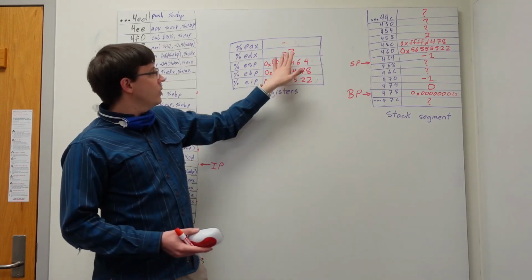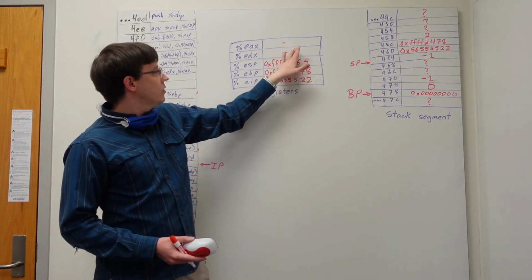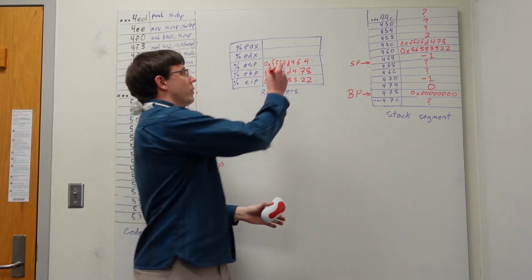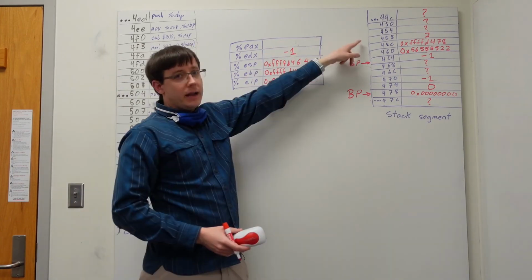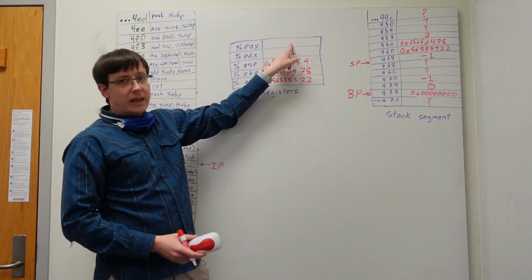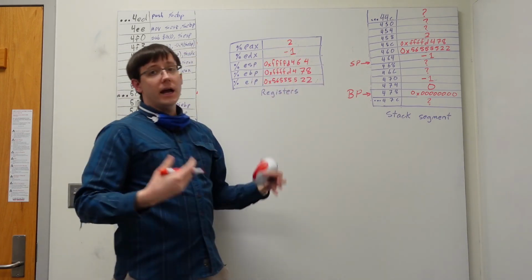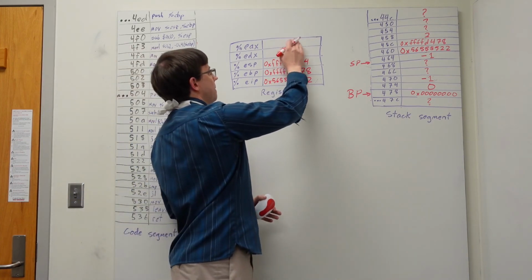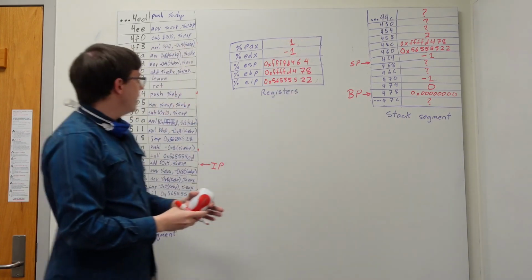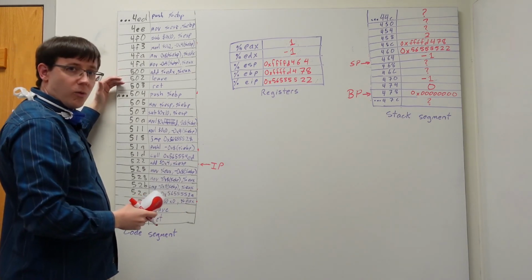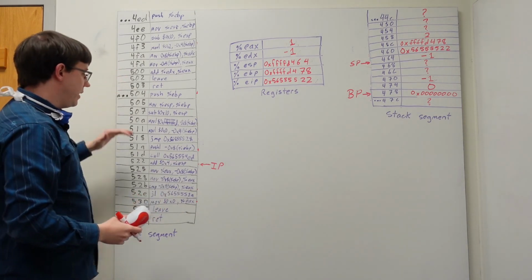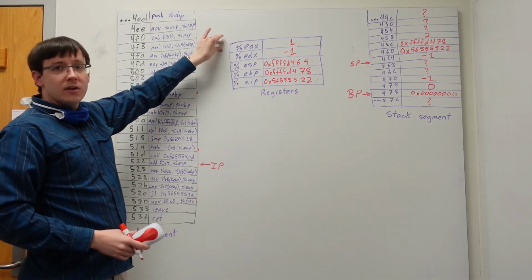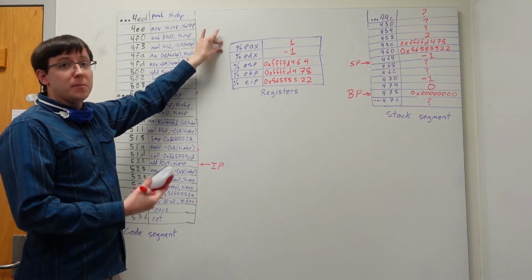And so now we'll execute the function again. The function will, as it executes, load this -1 into the EDX register. And then it will load the 2 into EAX. And then it will perform the addition, storing the result in EAX. And so then when we leave and ret from the function, we will end up back at this location with EAX, the return value of the function, being 1.